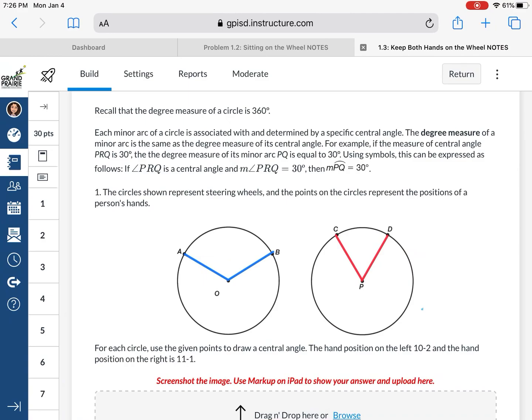Using the same thinking process, for arc CD we look at the measure of angle CPD in comparison to the entire circle, which is 360.